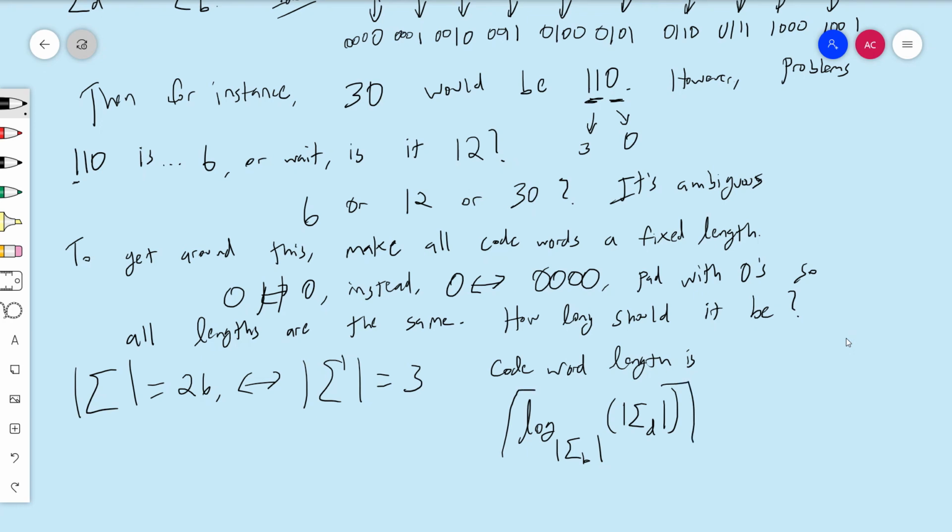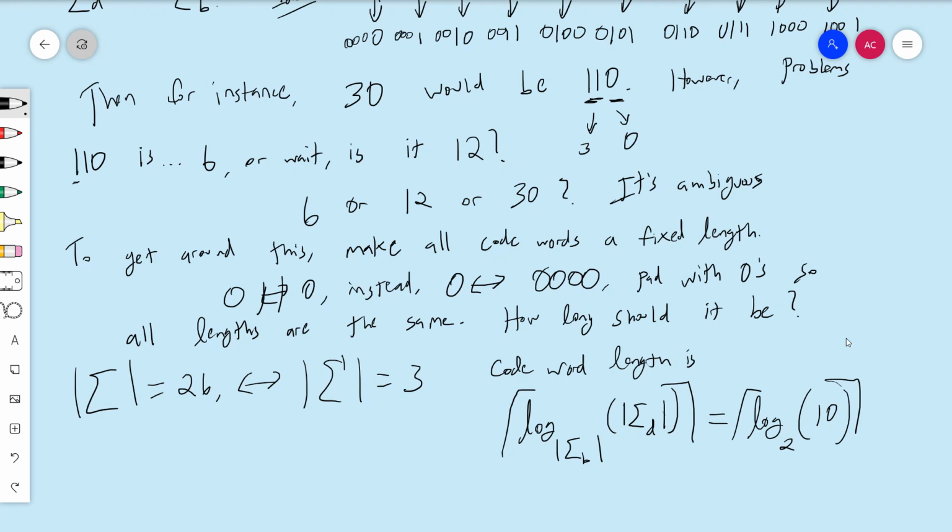So I round up. Just to give you an example of why this works, we can plug in the digits as an alphabet and binary as an alphabet. So this is log base 2 of 10. There are 10 symbols in the 0 through 9 alphabet, 2 symbols in the 0, 1 alphabet.